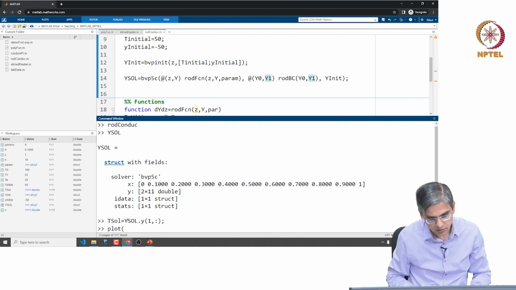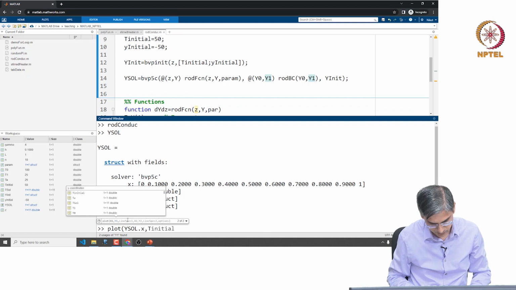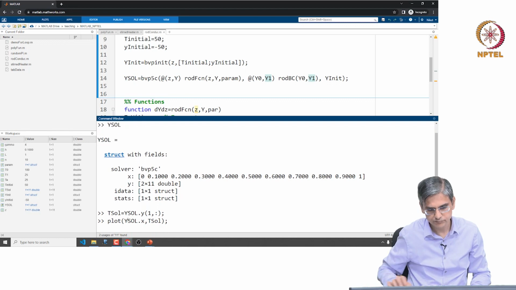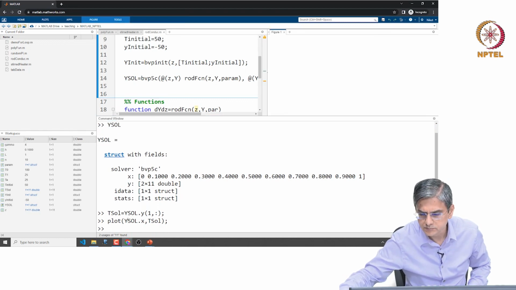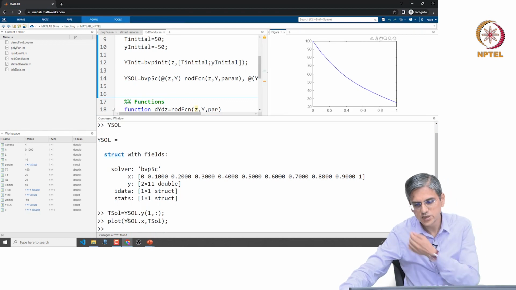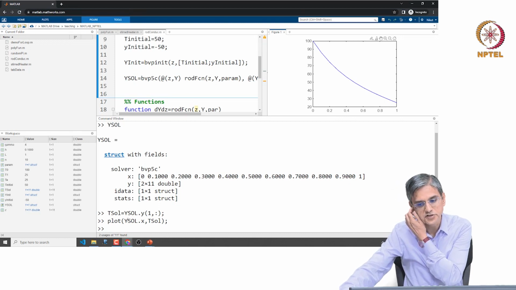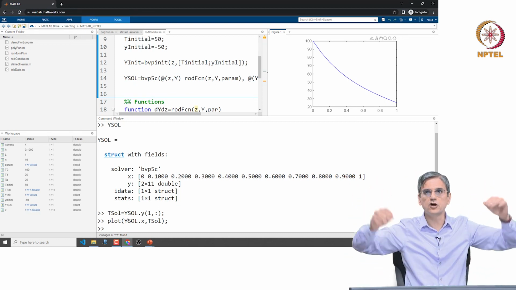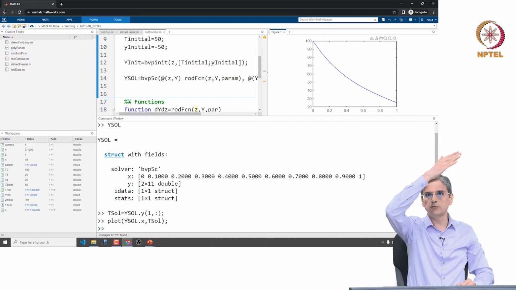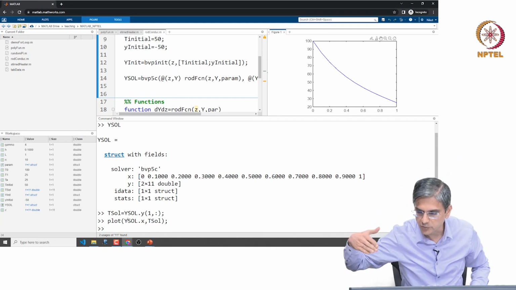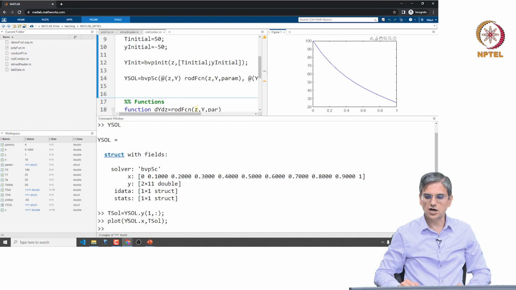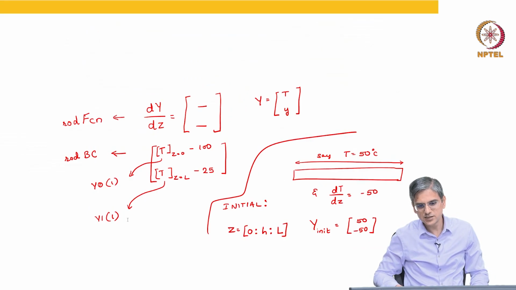Let us plot. Okay, so this is how the temperature changes with location. So, you have the rod, the temperature drops from 100 degrees Celsius to 25 degrees Celsius along the rod of length 1.